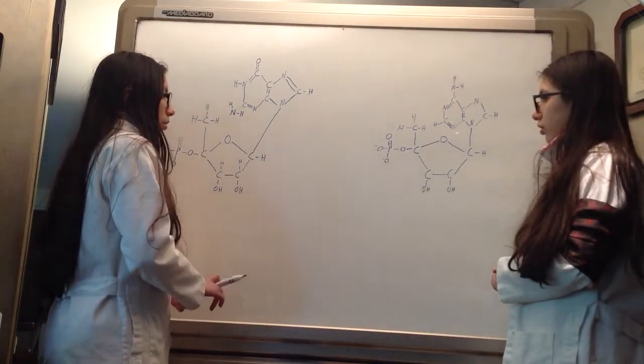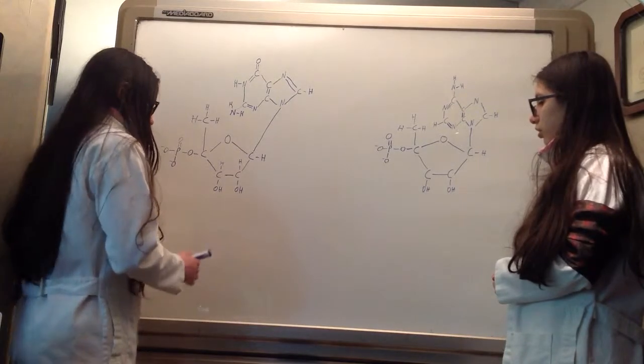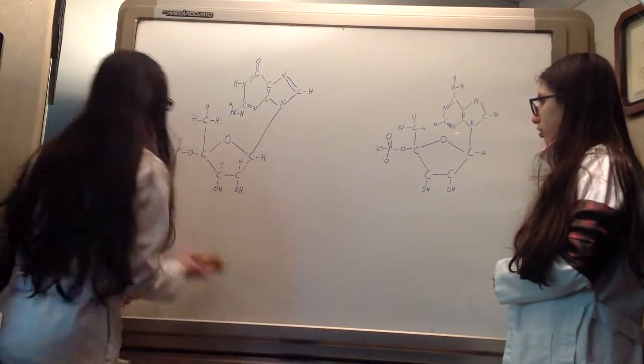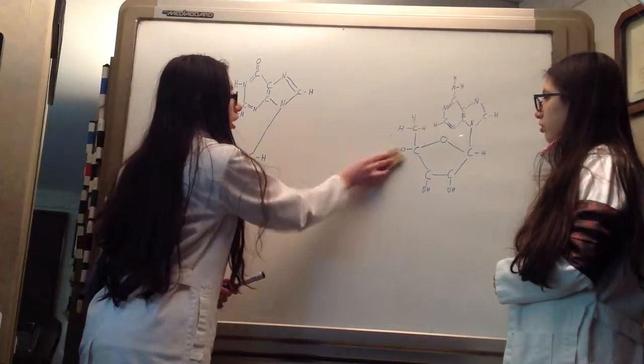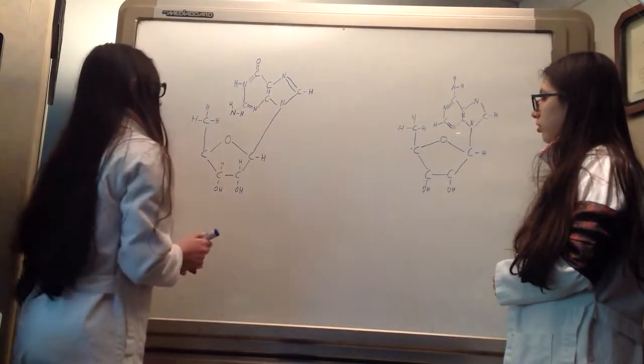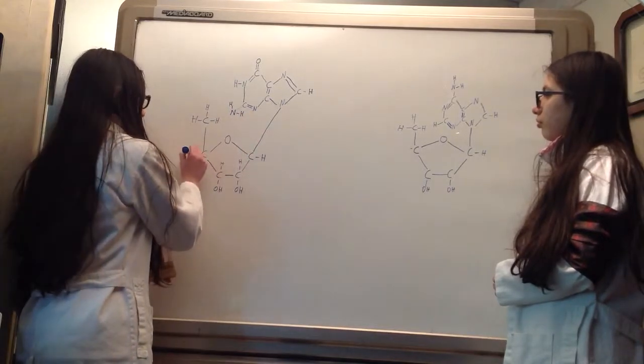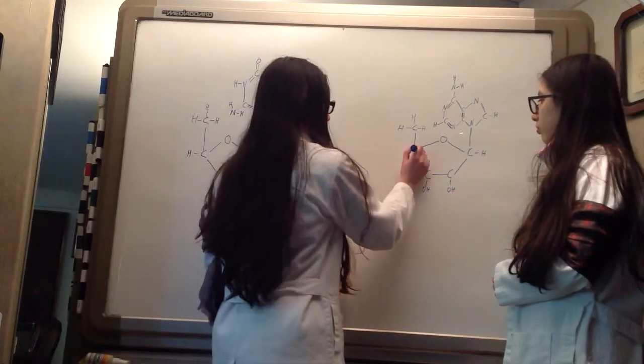The enzyme nucleotidase takes away the phosphate, and so now we have nucleosides, and now this is guanosine, and this is adenosine.